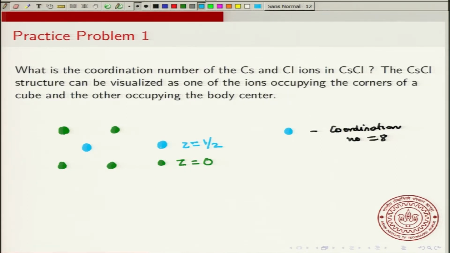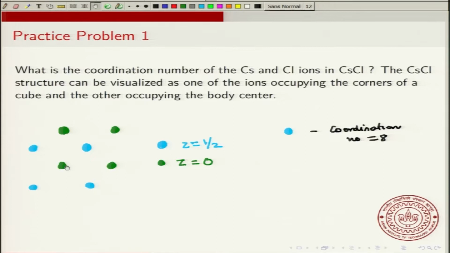Now by extending this structure, suppose I just extend it here, now if I shift my plane to z equal to half, then you can see that what you have here is exactly equivalent to what you had here shifted by half and the shifting of the 2 ions.